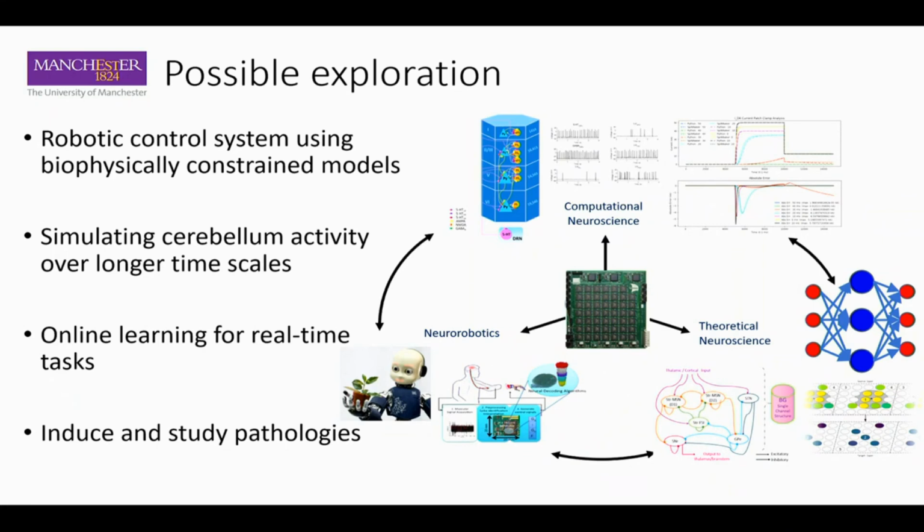Because this would be real time. But it would also allow you to run online learning experiments that necessitate real-time interaction, say for robotics. If a robot is trying to learn something, you'd like it to do it now rather than in 2 days or 2 weeks. And also because we have full control over the platform, you could induce pathologies and then study their behavior in, say, a robot or in a simulated environment like the NRP, the neurorobotics platform of the HPP.